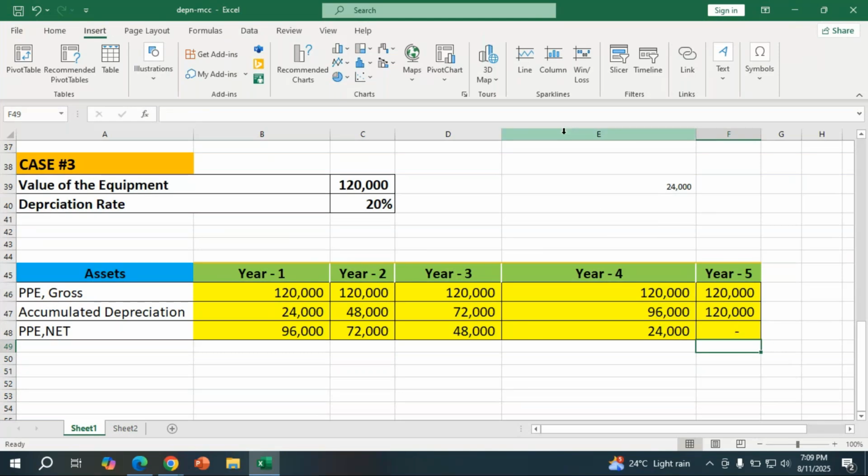This is a chart which you have to complete actually. Just check once whether they've got the same values. Then we go for the next one.